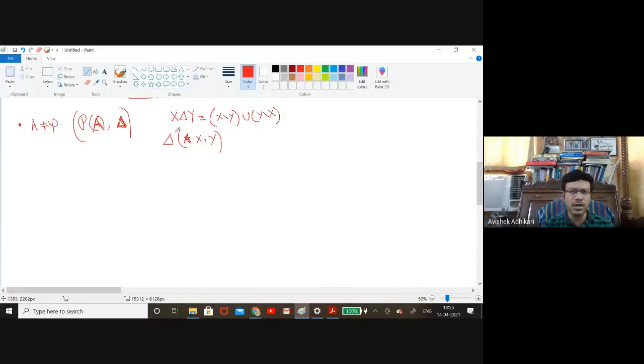So no doubt, this is a binary operation. Now you need to show that there exists an identity element, that it satisfies the associative property, and also the inverse. Checking the associative property is a lengthy process, but I request all of you to please check whether it really gives you the associative property or not.